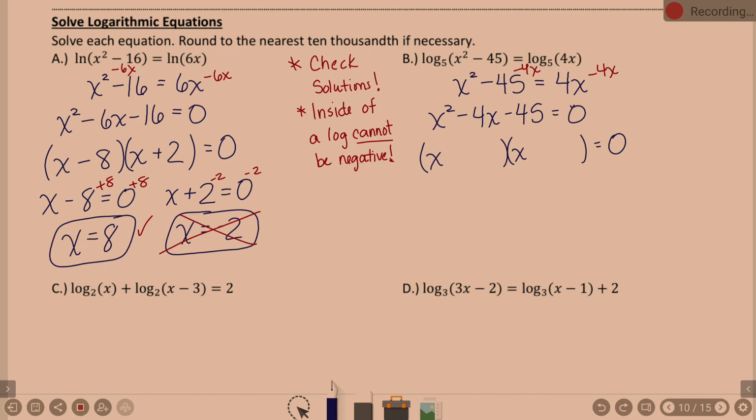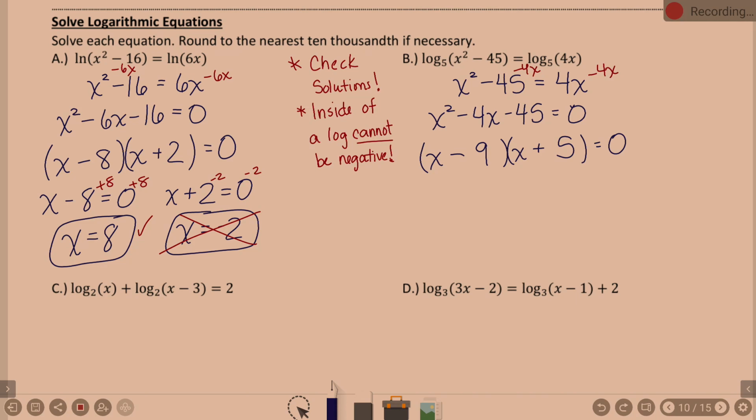We need numbers that have a product of negative 45. He says negative 9 and 5. Does that give me a product of negative 45 and a sum of negative 4? So x minus 9, x plus 5.